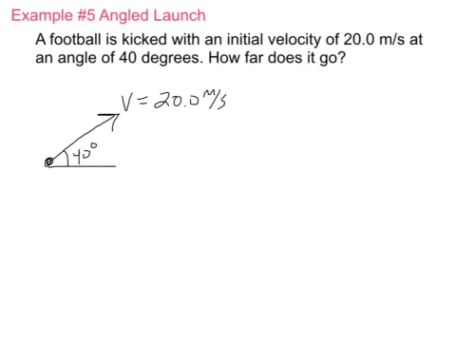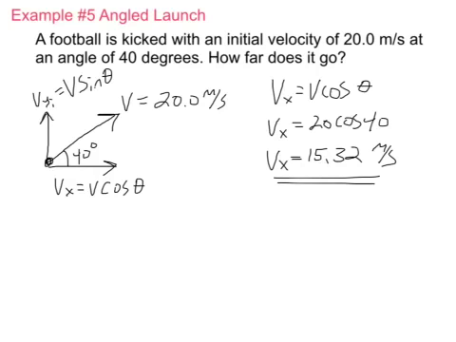The first thing to do is to split its velocity into its components. We're going to have Vx, which is V cosine theta, and we'll have Vyi, its initial velocity in the y direction, which will be V sine theta.